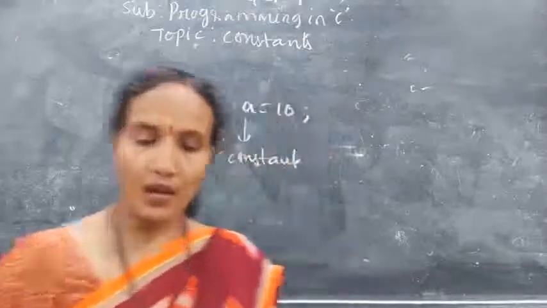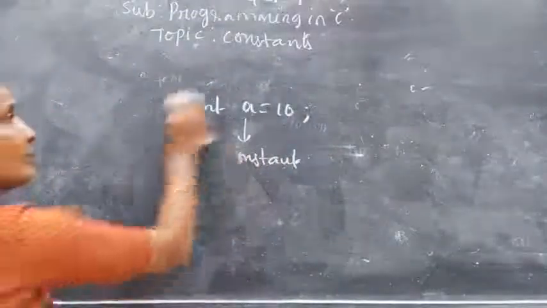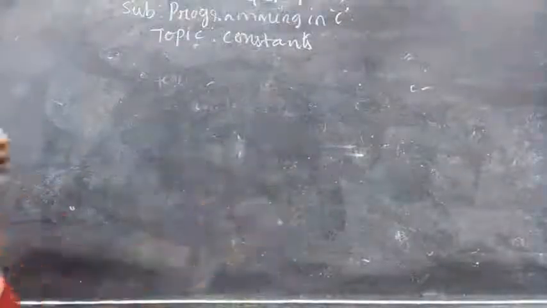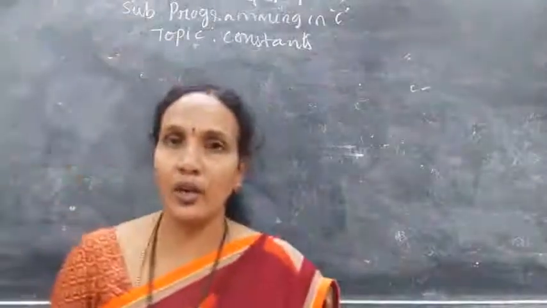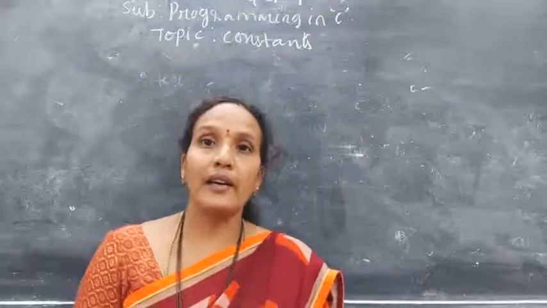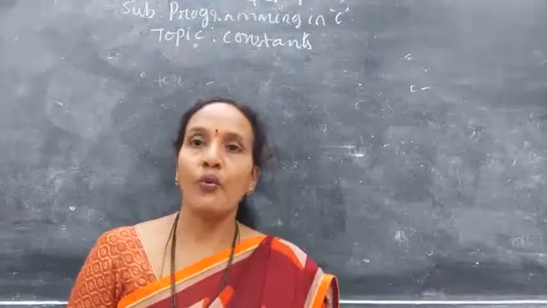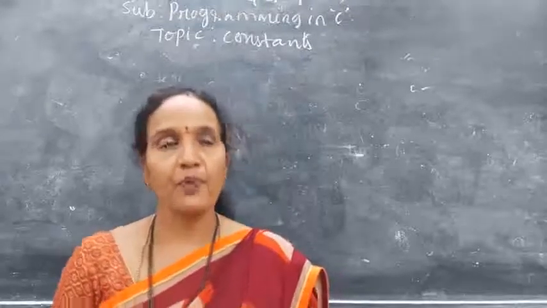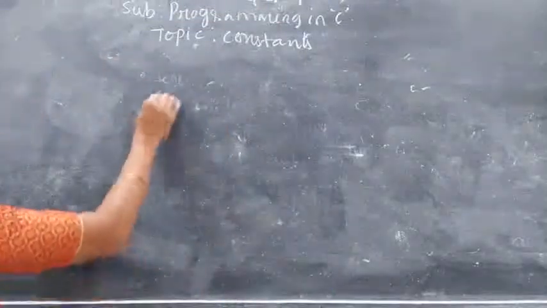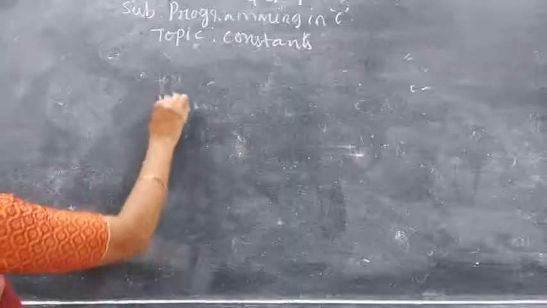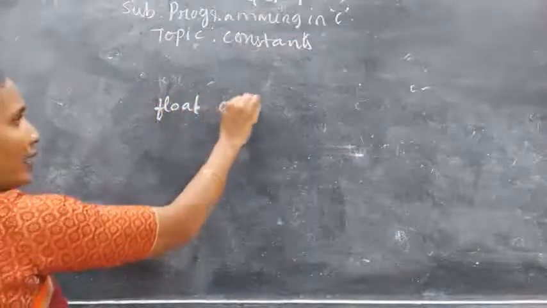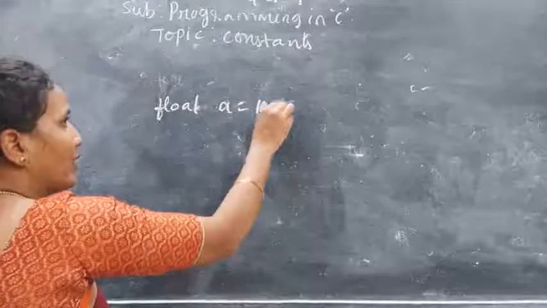Now the next one: if a variable is holding real values, float values, then that is called a float constant. See here, float a equals 10.5.